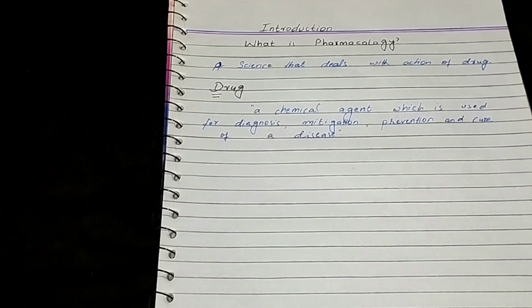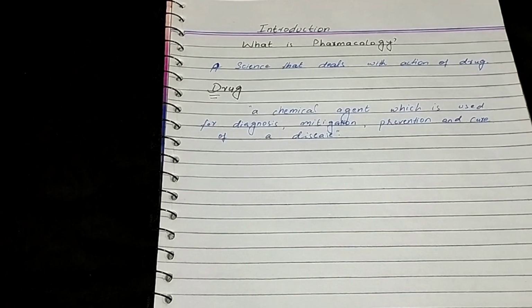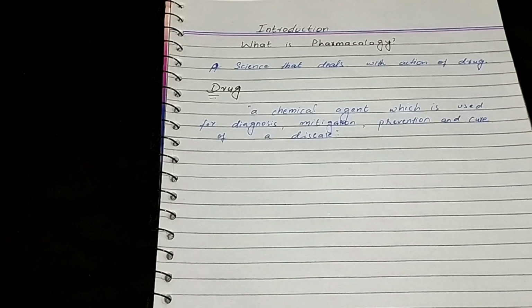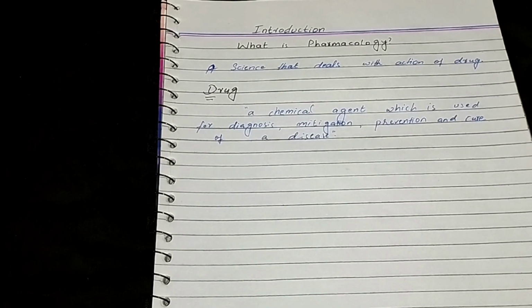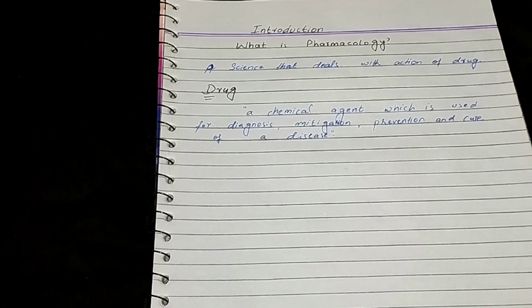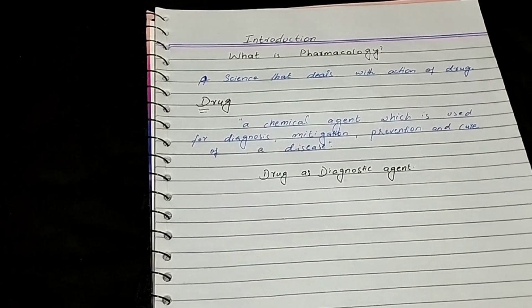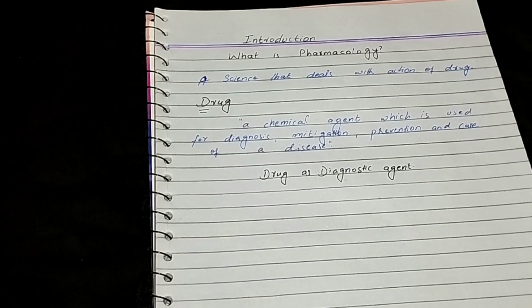But first we talk about how a drug acts as a diagnostic agent, a mitigating agent, a preventing agent and a curative agent. One by one I will elaborate everything. First we will talk about the drug as a diagnostic agent.